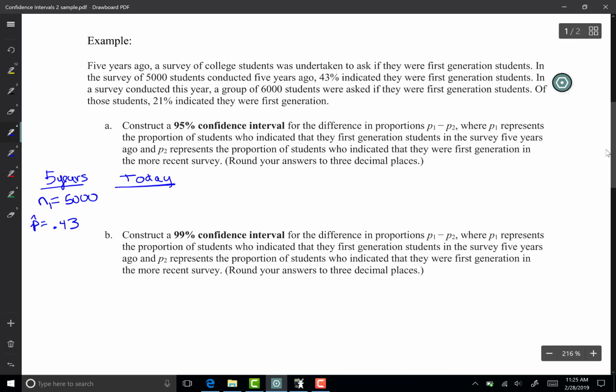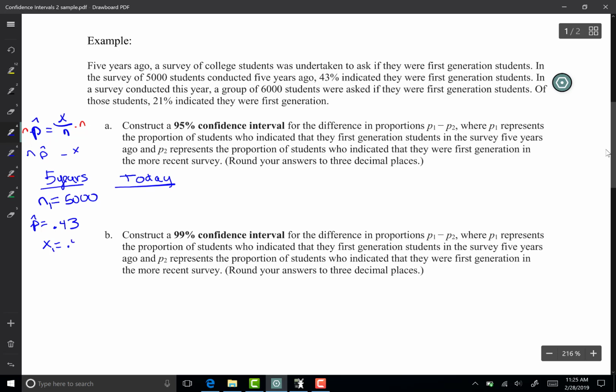Now, in order to use our calculator, we actually need to know our x value, how many students. So remember, p hat is equal to the number of students that fall into that category over the sample size. To calculate our x value, we multiply both sides by n, right? So x is going to equal our sample size times our p hat.